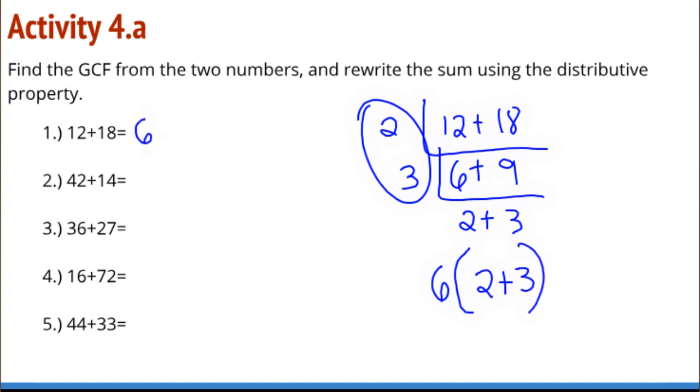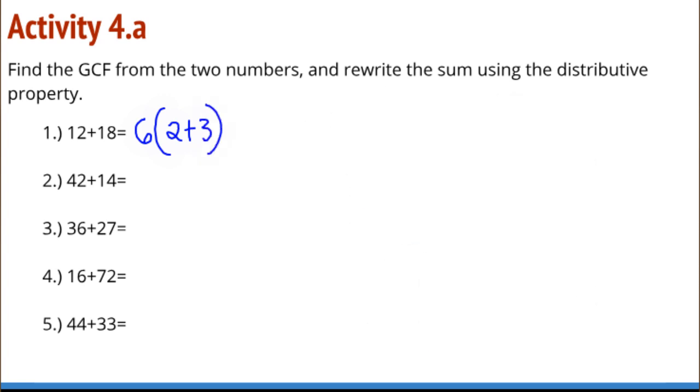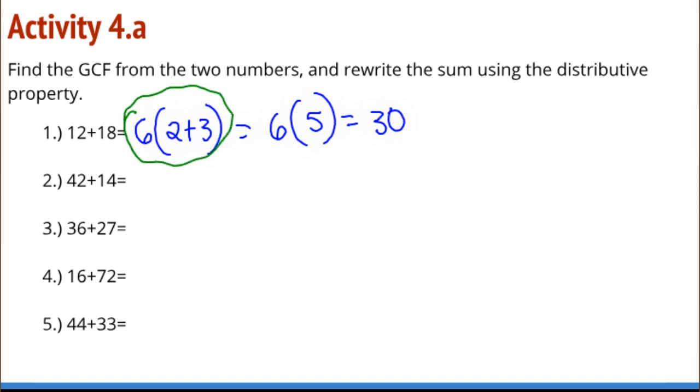So I've got 6 multiplied by 2 plus 3. And if we carry this out to its mathematical conclusion, I would have 6 times 5, and I would have 30. But the most important thing in my mind for today is to see this right here and to know where that came from and to know how that is used.